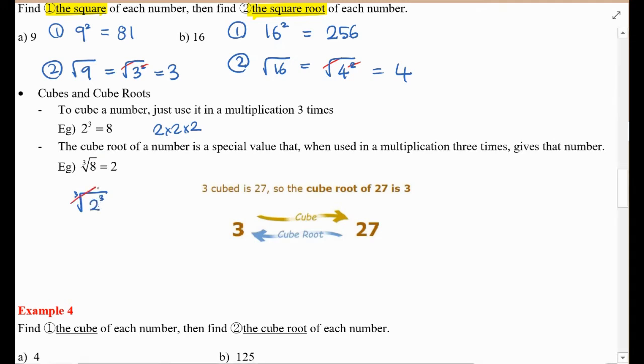So cube root and the exponent 3, you can cancel it. The leftover is 2, right? So cube root and cubing are exactly the opposite. So 3 cubed is 27. Cube root of 27 is 3. Alright, everyone?